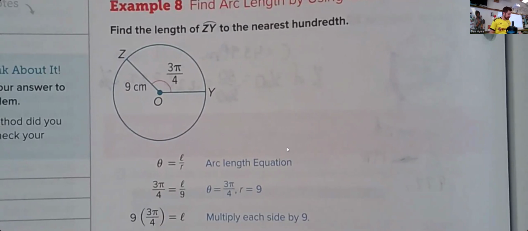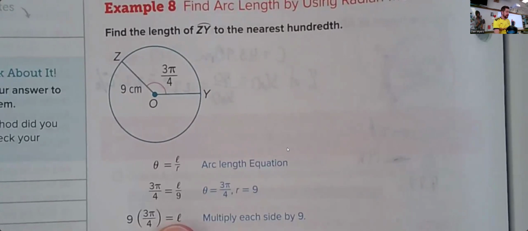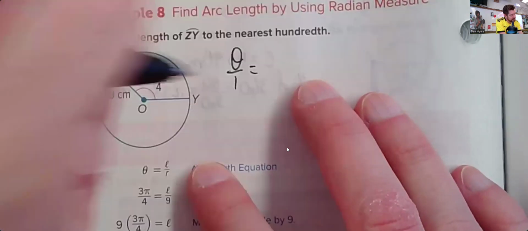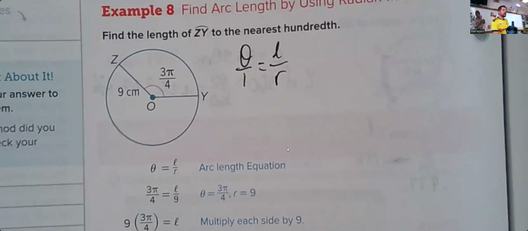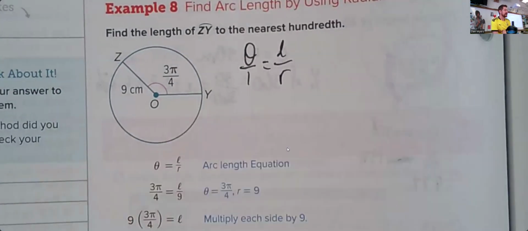Let's develop a quick little formula. That way it'll be a little bit easier than what they're having us do here. So if theta over 1 is equal to L over R, we want to get L by itself. Because if we want arc length, that means that L has to be by itself.